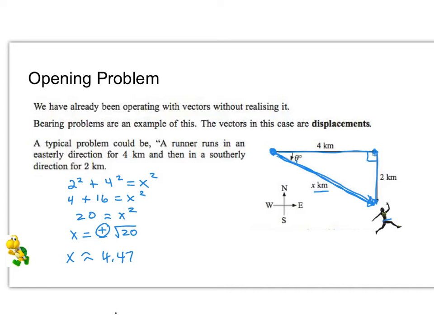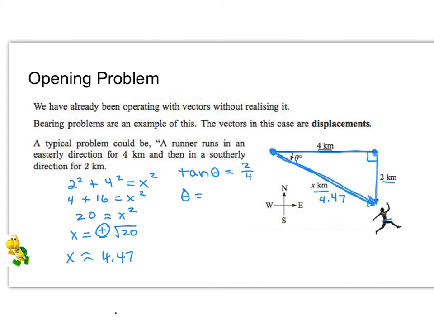Now if we want to find the angle, we can go ahead and use the tangent ratio. Actually, we could use any of them, but the tangent's going to be the most accurate because these are original exact values. So tangent of theta is 2/4.